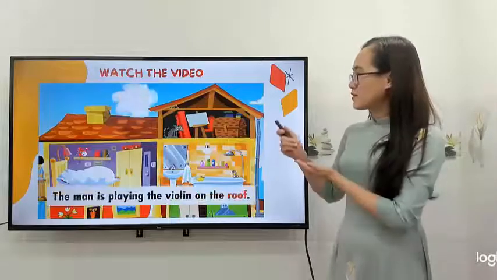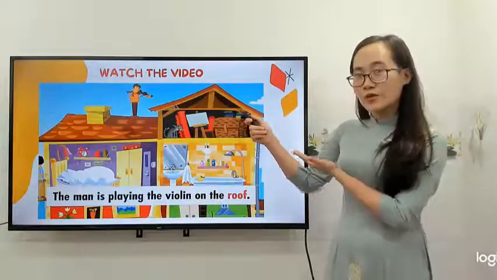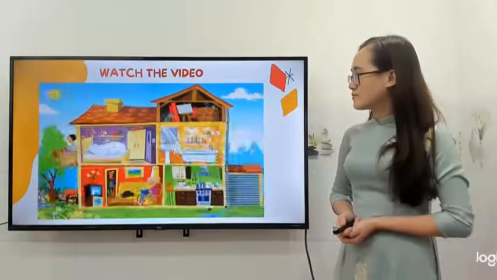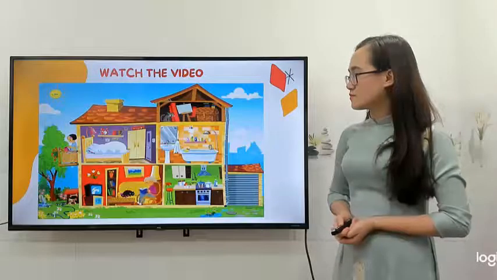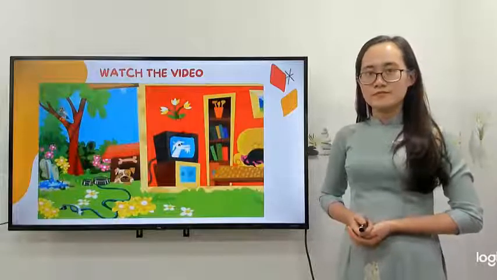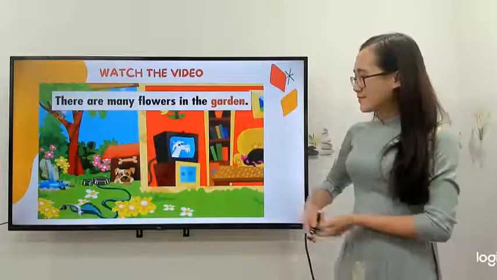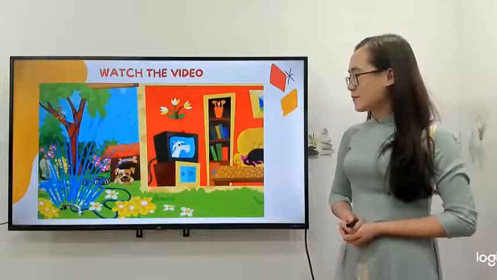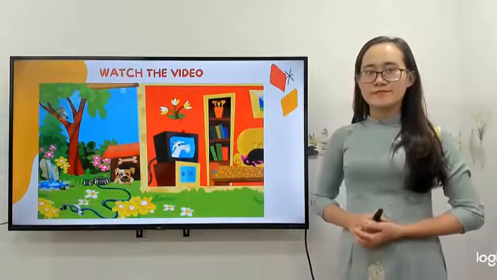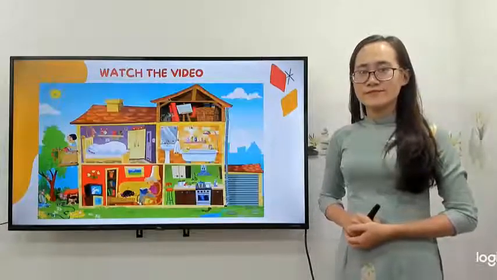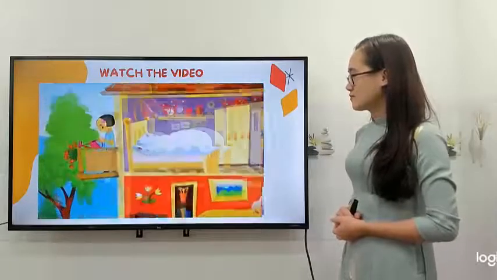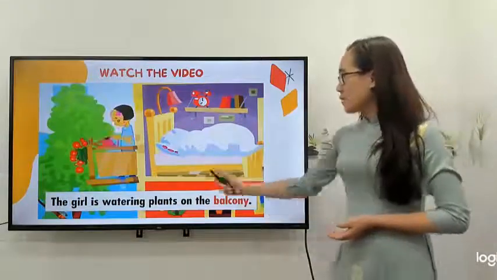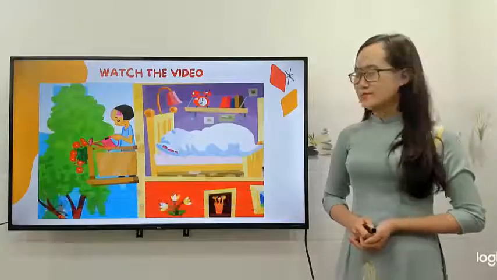Roof. The man is playing the violin on the roof. Garden. There are many flowers in the garden. Balcony. Plants on the balcony.